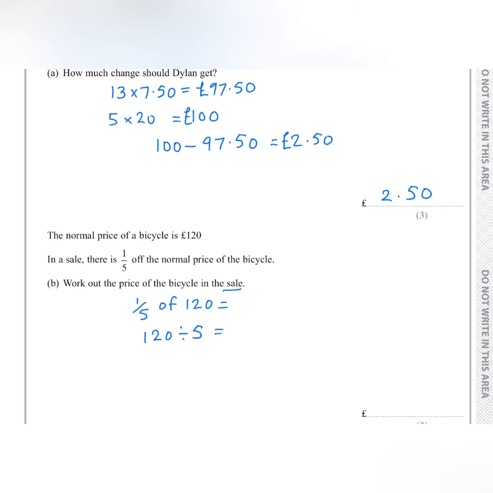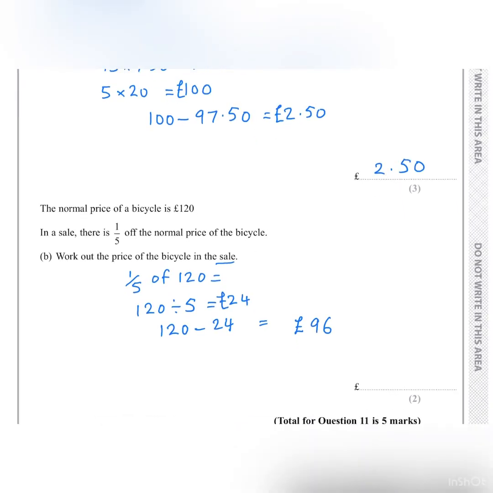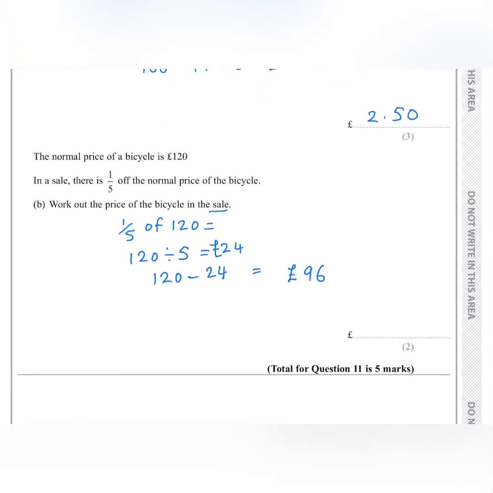So that would be 5 times 2 is 10 and 5 times 4, that's £24. And then 120 take away £24, that would be £96, the price of the bike in the sale. Okay, so moving on to the next question.